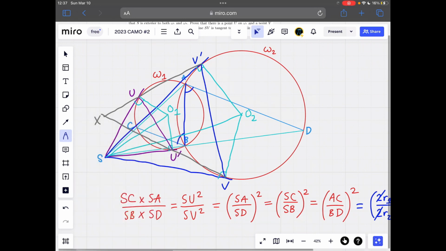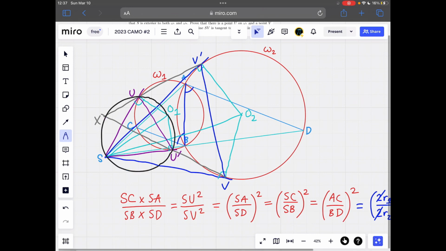So if X is that point, then X is on both the circle formed by the Miquel point S, U and U prime and the circle formed by S, V and V prime. XSU prime U and XSV V prime are both cyclic. So let's draw in those 2 circles.